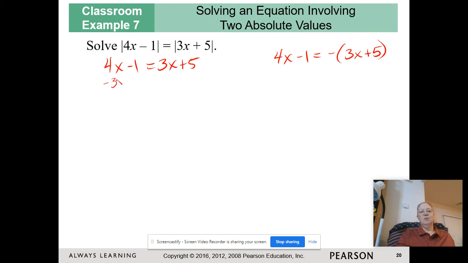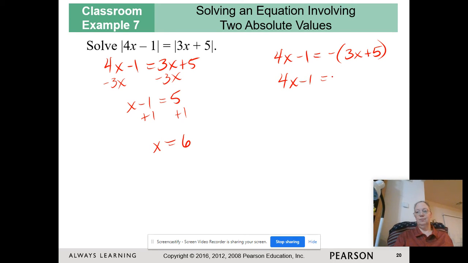So subtract our 3x, add 1, you get 6, distribute the negative. Don't forget to distribute the negative to the 5.